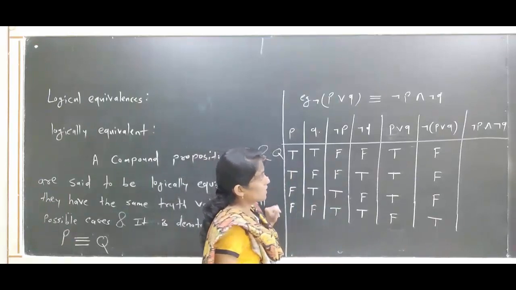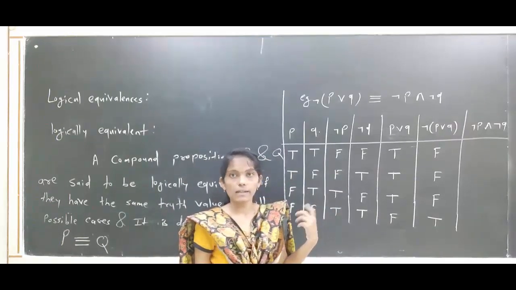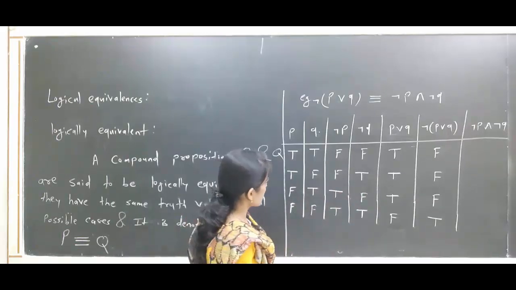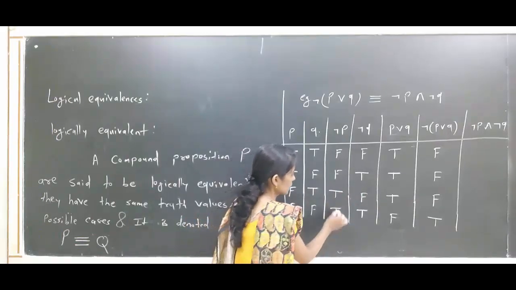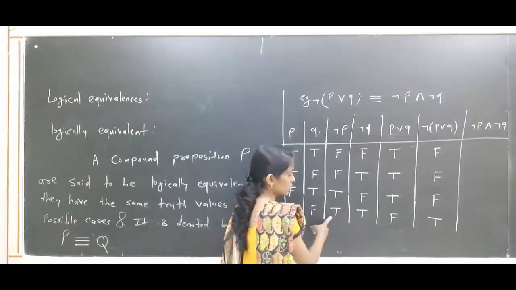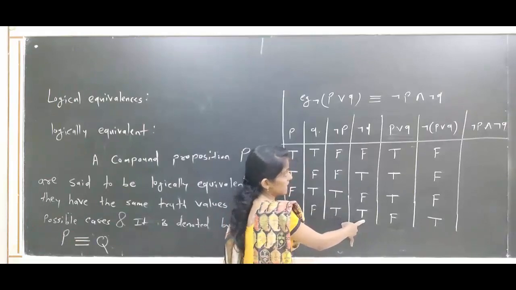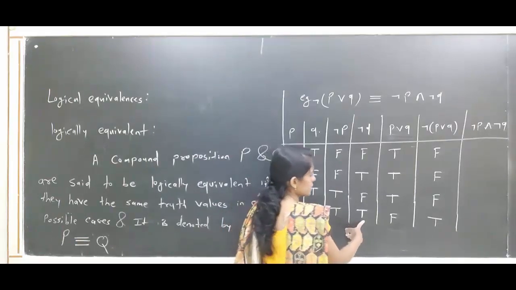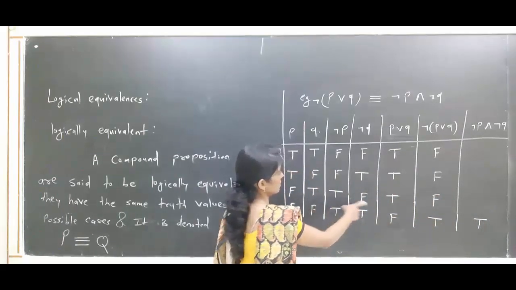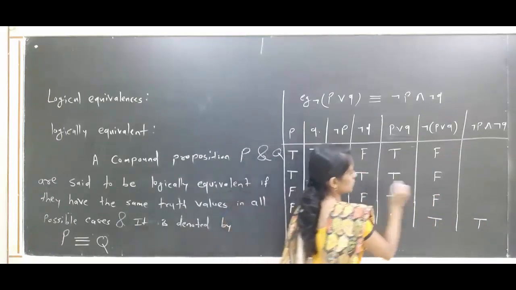In conjunction, if both P and Q are true, then its conjunction is true, otherwise it is false. Observe these two columns: in the last row both negation P as well as negation Q are true. So its corresponding value is again true and the remaining are false.